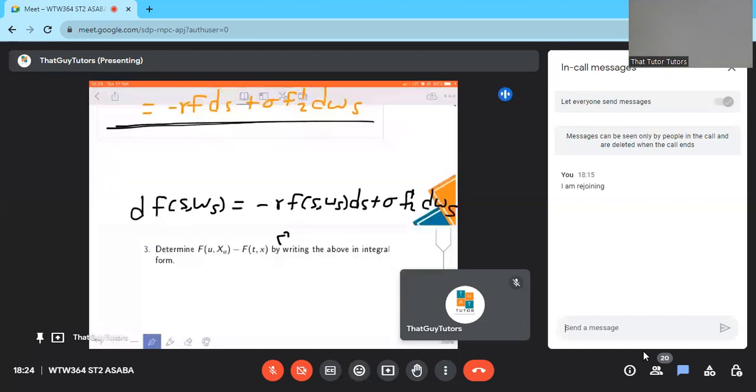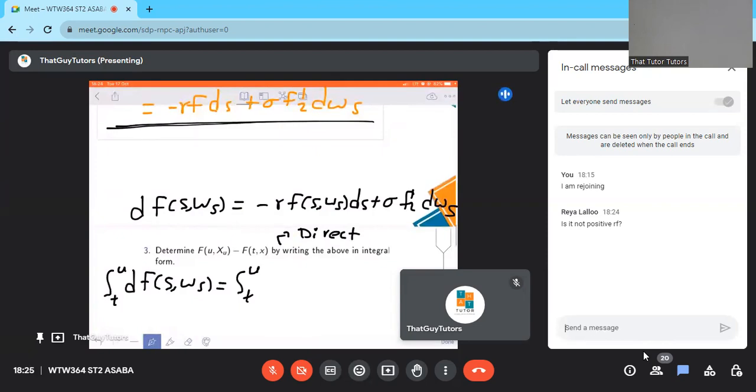So you are going to say the integral from time t to u of d f of s. It is not negative because the negative would go to the other side.